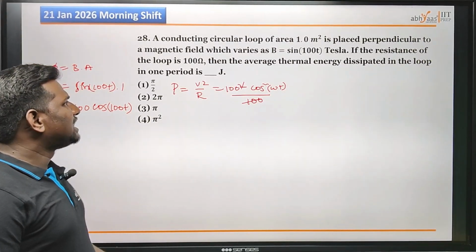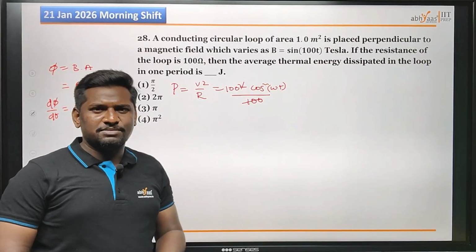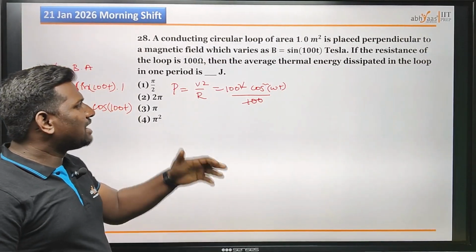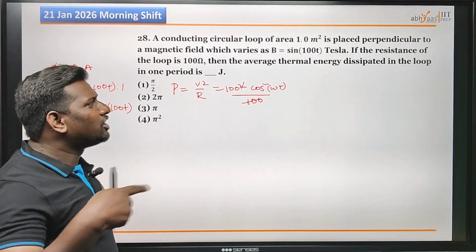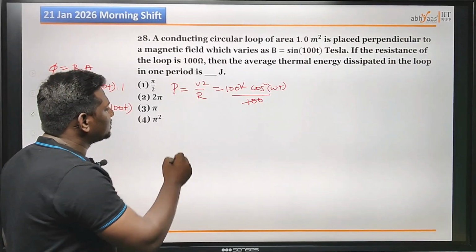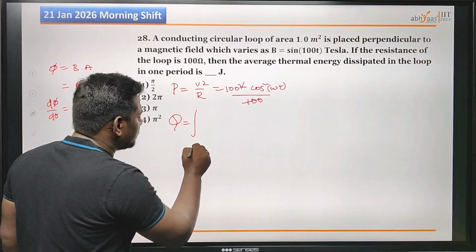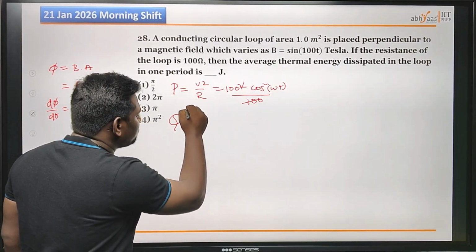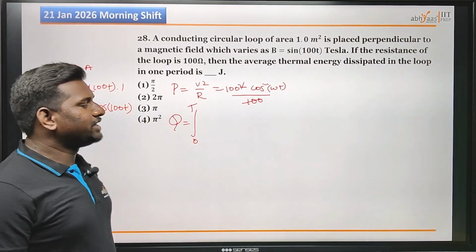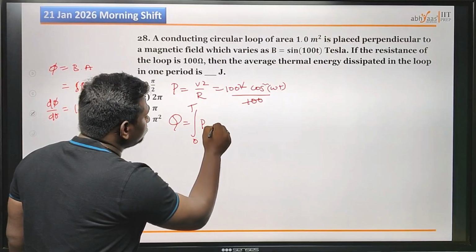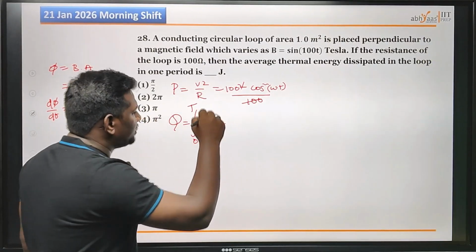What are they asking? They are asking the average thermal energy in one loop. So how to get this? Average thermal energy Q equals integral from 0 to the time period, capital T, of P into dt. How do we find this T?